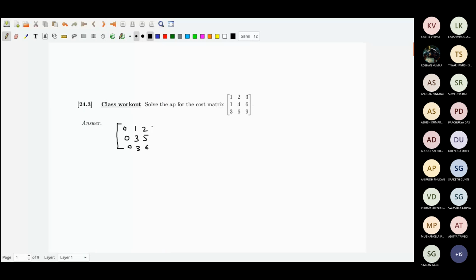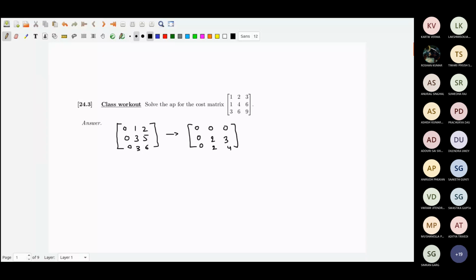From there you will get 0, 0, 0, 0, 2, 2, and then 0, 3, 4.